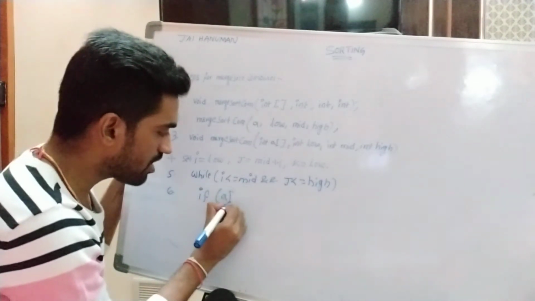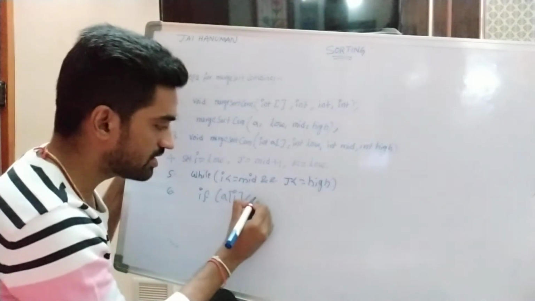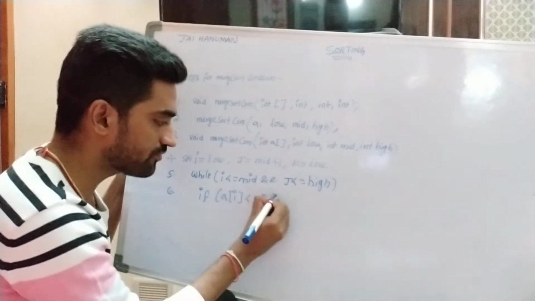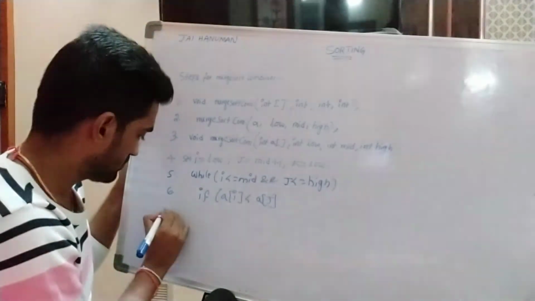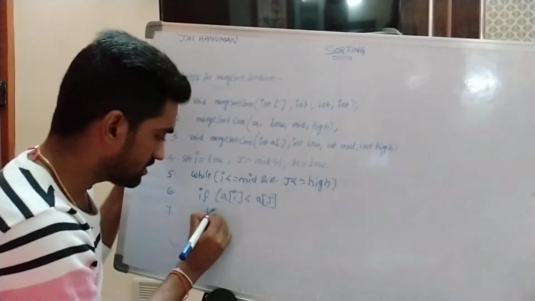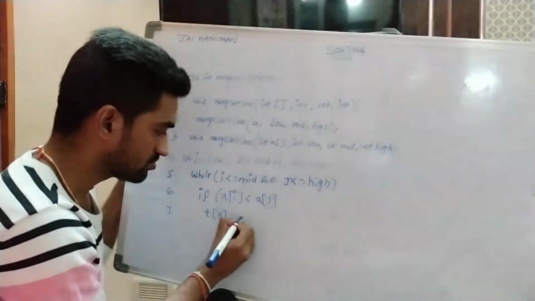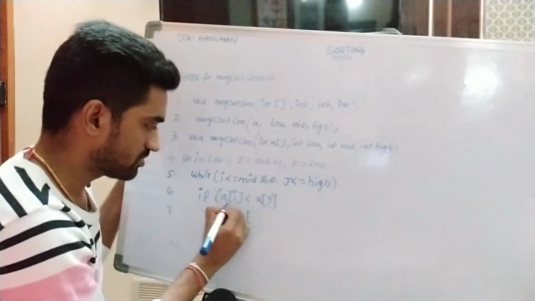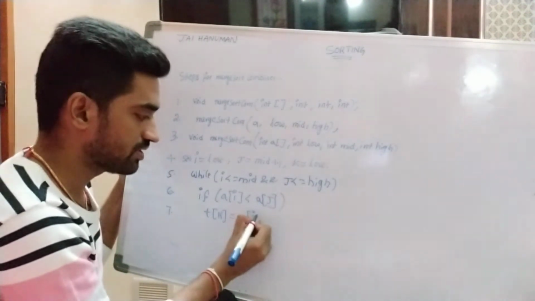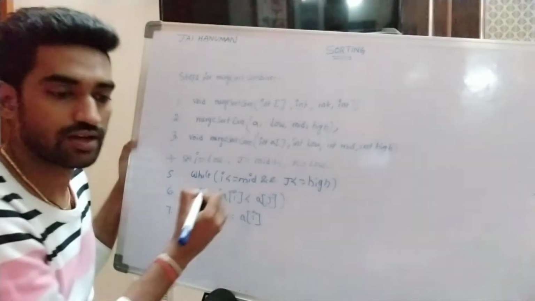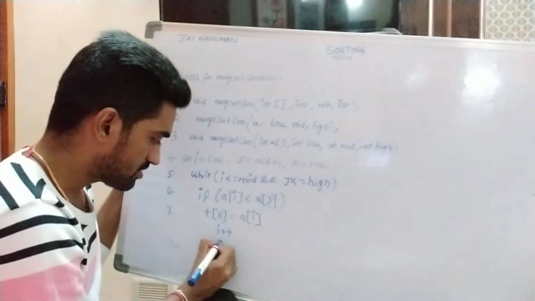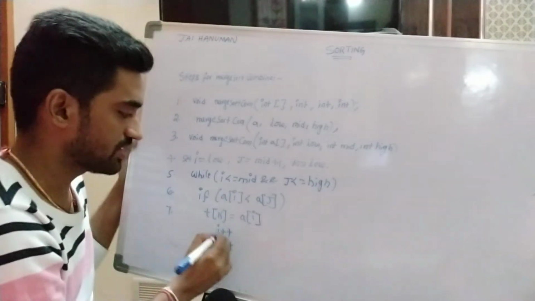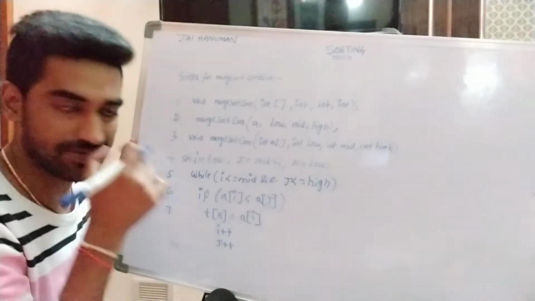If y of i less than y of j, then you have to write t of k is equal to y of i, then increment i plus plus, k plus plus.